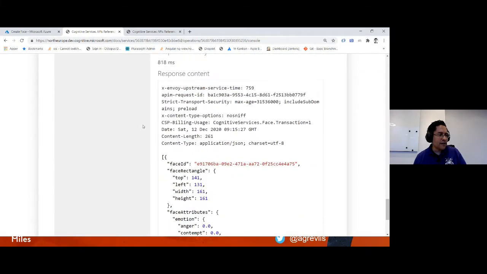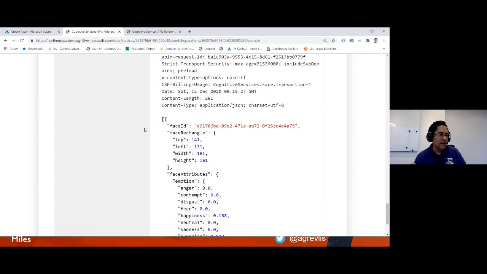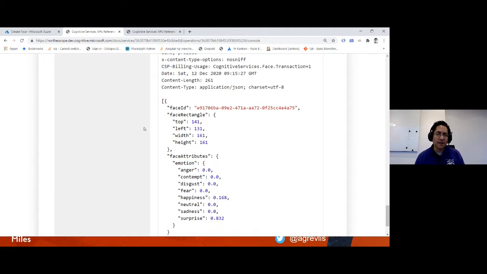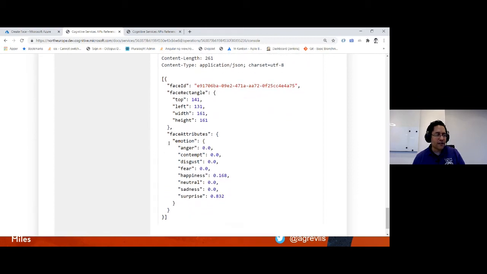The first thing we get back is a face rectangle, where the machine learning algorithm has detected that there is a face in this picture. After that, we get some facial attributes, and these are the emotion ratings. We can see that with 83.2% probability, this person in the picture is experiencing surprise.